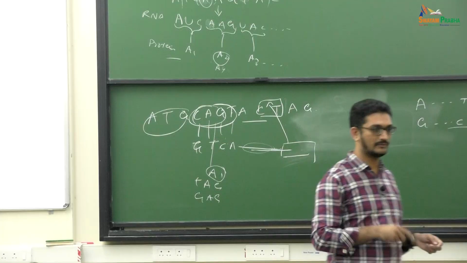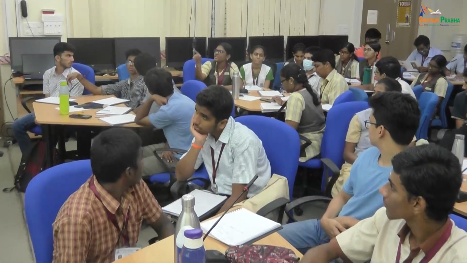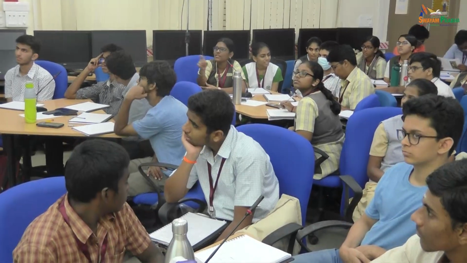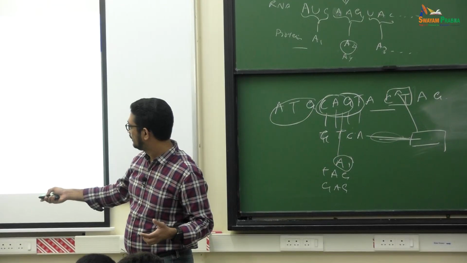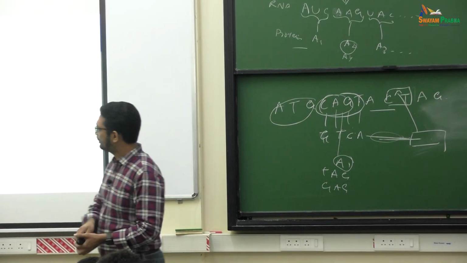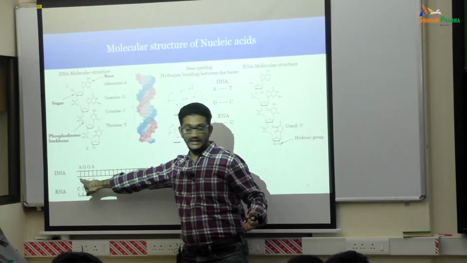Yes. Sir, could you briefly explain how the bases are represented by those boxes? So this is exactly what I have here, right? Each of those boxes has a complementary base.